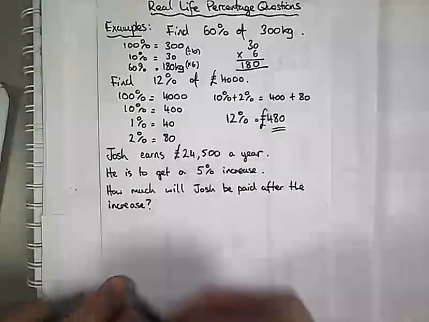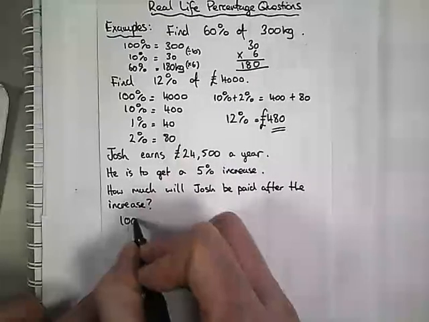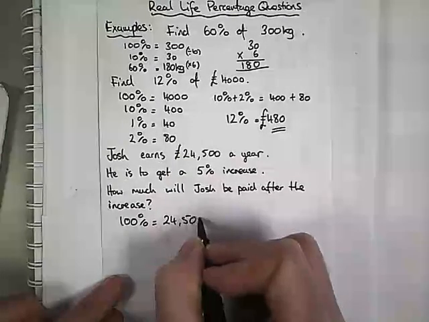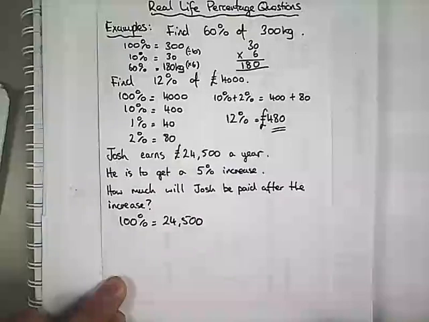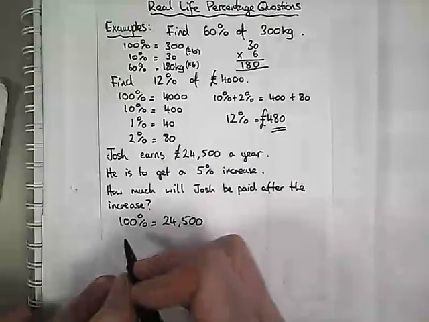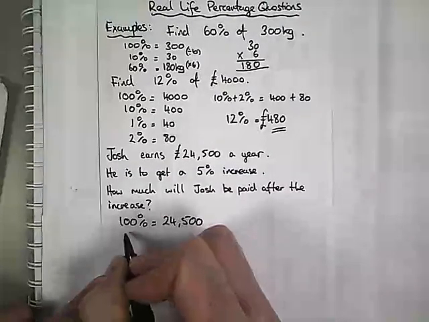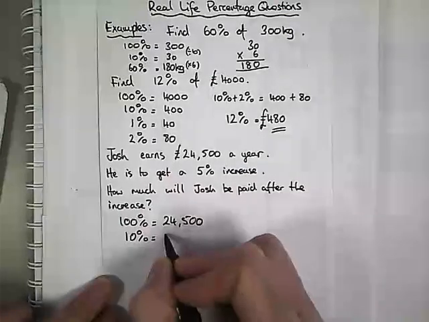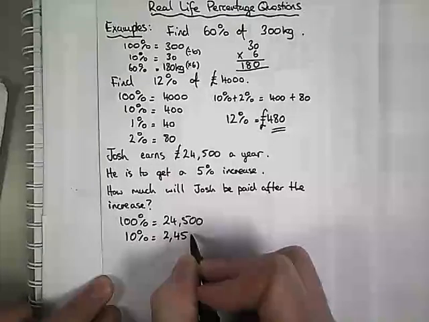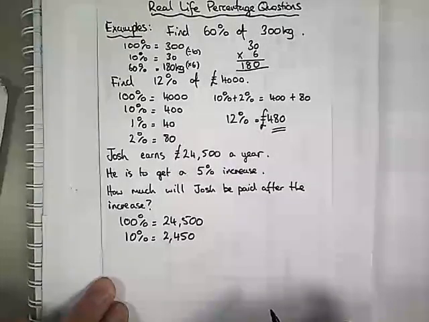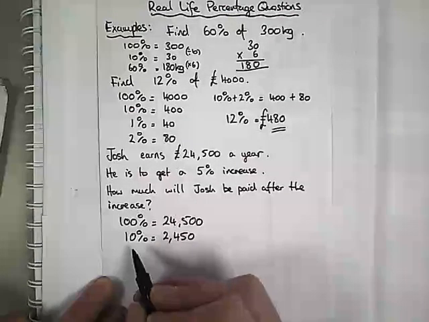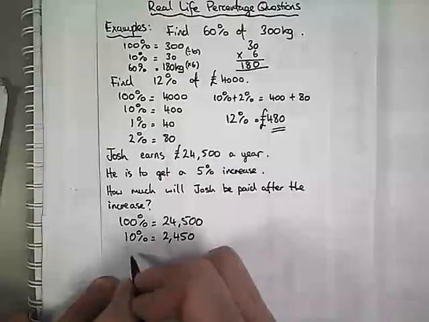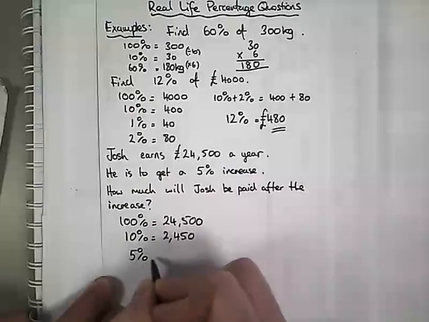So first of all, my 100% equals 24,500. I want to work out 5%, so let's work out 10% first. If I divide by 10, I get 10%. So knock off a 0, I'm left with 2,450. Now, we should know that half of 10 is 5, so half of 10% is 5%. So I need to halve this.